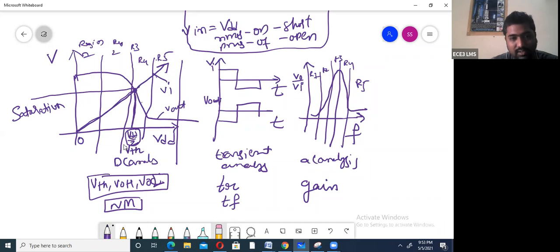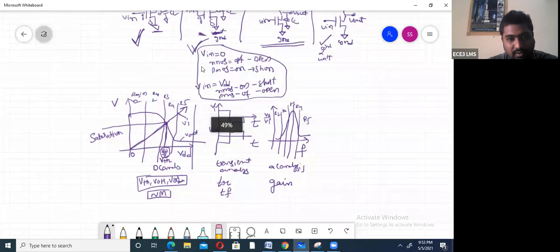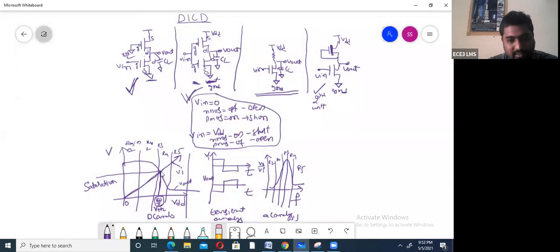You take a CMOS inverter or a pseudo NMOS inverter. At this point, this is saturation. If you take the CMOS inverter also, this is saturation. Input equals threshold voltage, output equals threshold. To find the equation of the threshold voltage, we have to equate the PMOS saturation current and the NMOS saturation current.